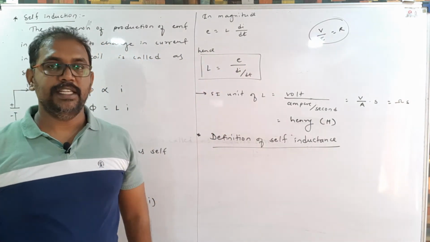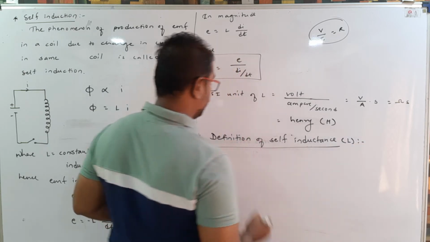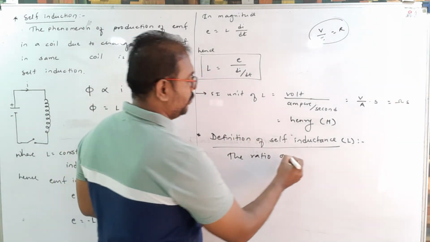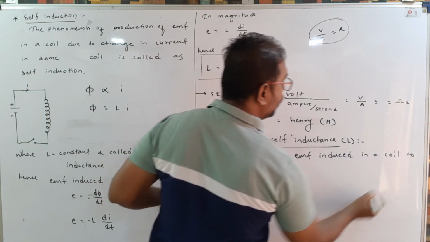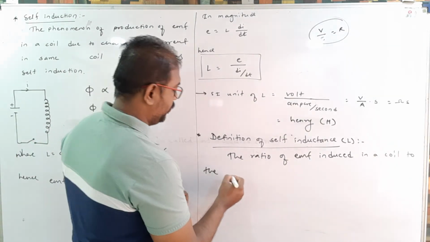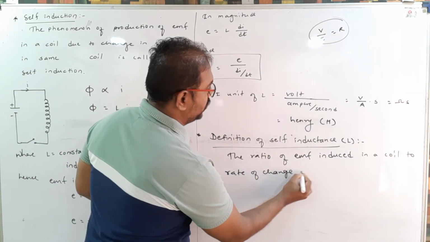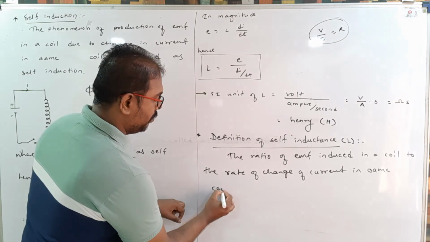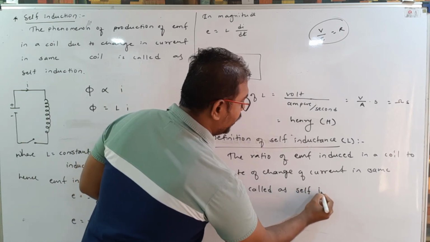The ratio of E and di by dt is called self-inductance L. So the definition of self-inductance L: the ratio of EMF induced in a coil to the rate of change of current in the same coil is called self-inductance.